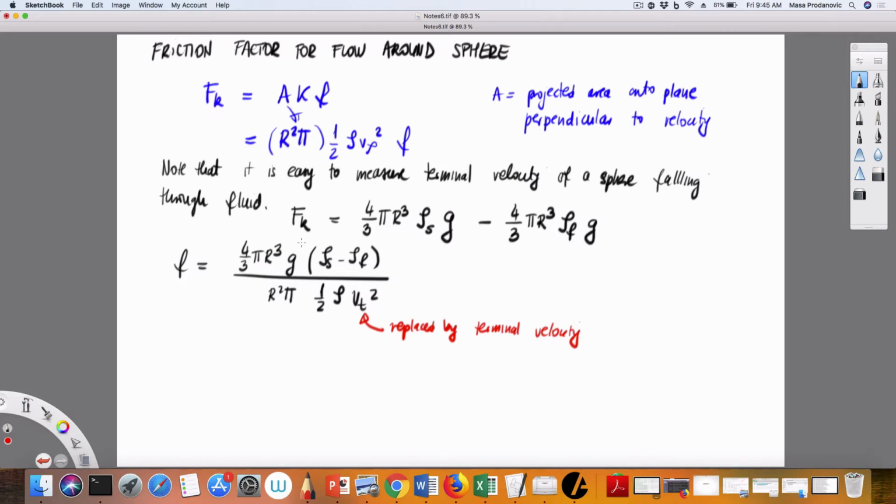I'm just going to rewrite it slightly differently and clean it up. My friction factor is 4/3. I'm going to use diameters again, because that's what we typically measure for particles. Rho s minus rho f divided by rho f.